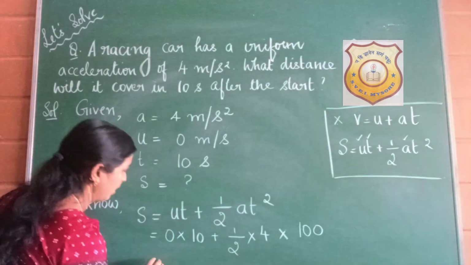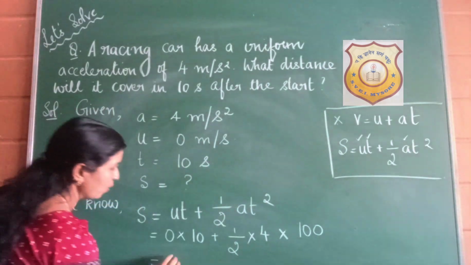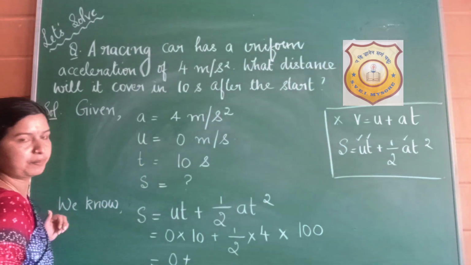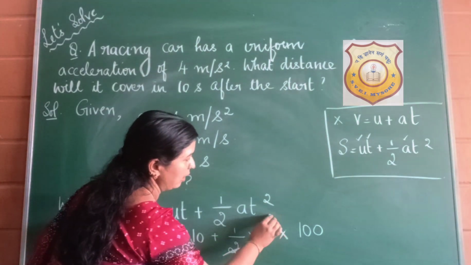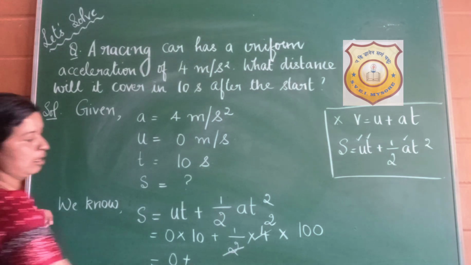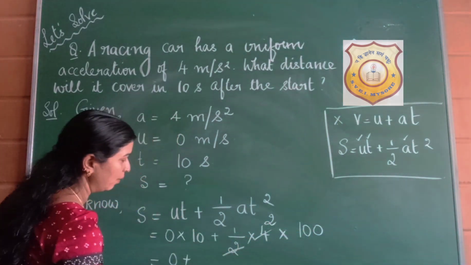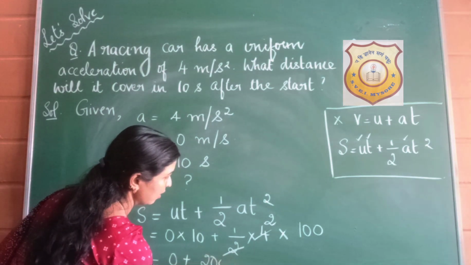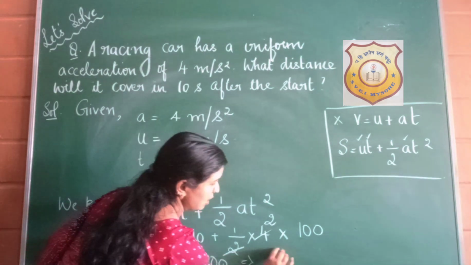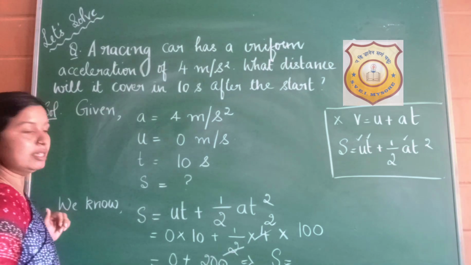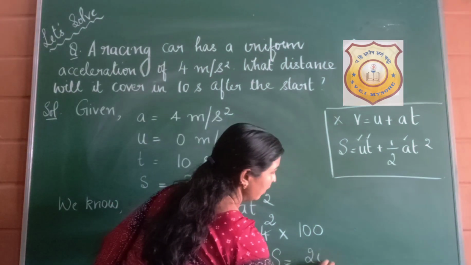So 0 into 10 is 0 plus, you simplify it. 4 gets divided by 2 and then 2 into 100 will be 200. So S or the distance is 200.